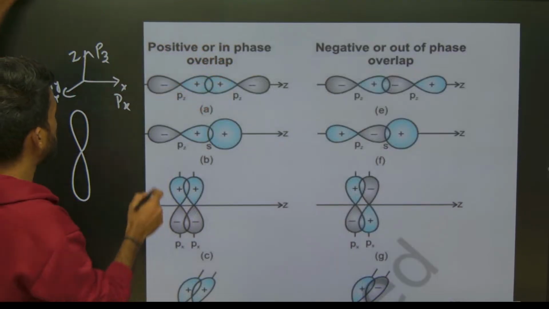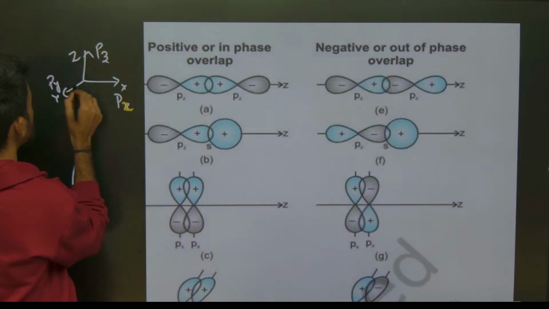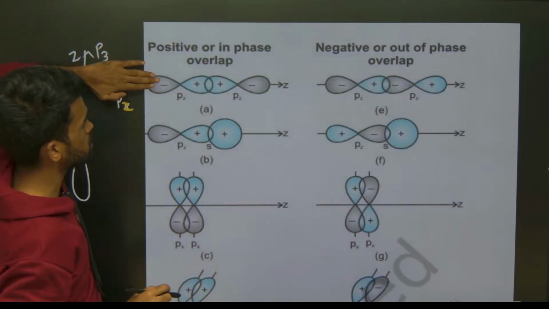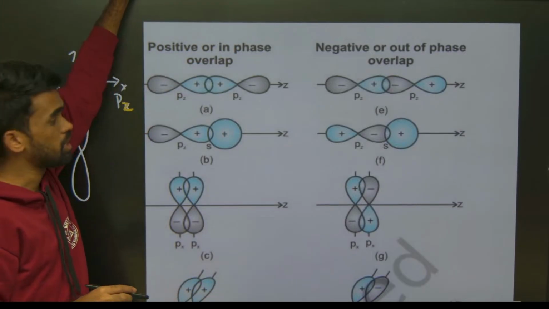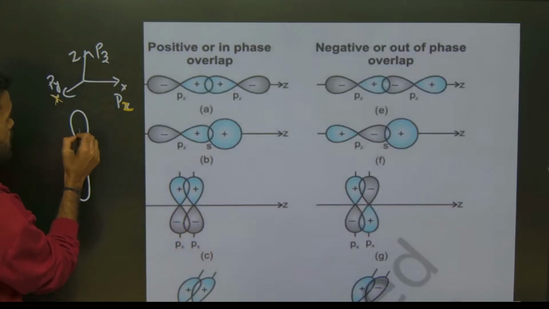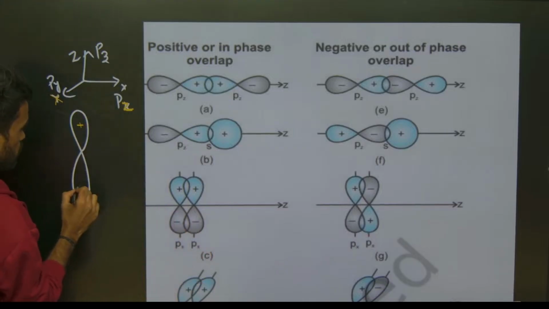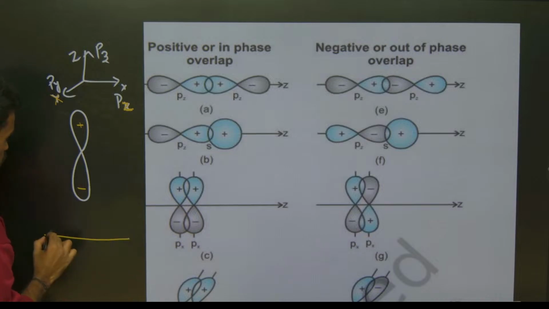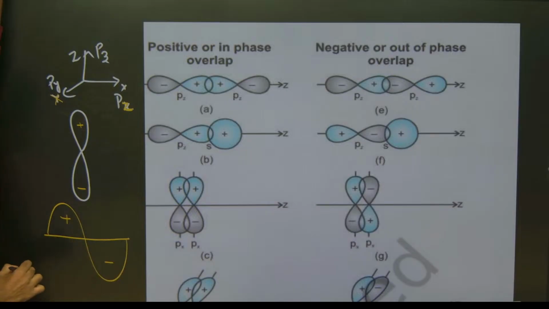So let us say this is the z axis and this is the x axis. This is along the z axis. See, this orbital has two signs, one I am keeping positive, one negative. Something like a wave, one is a positive lobe, another a negative lobe.